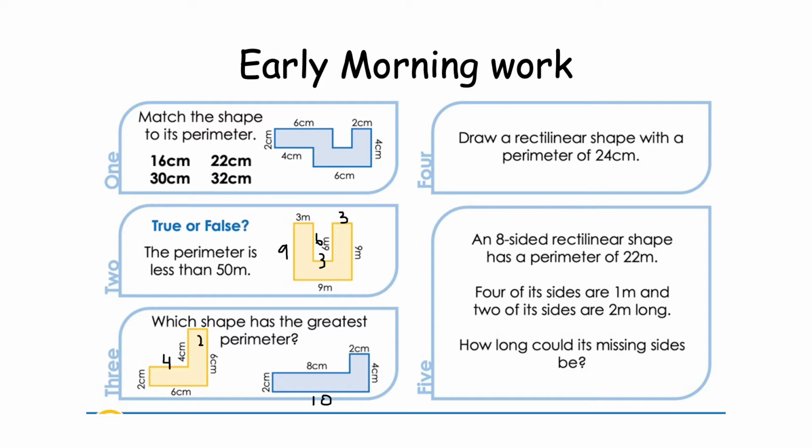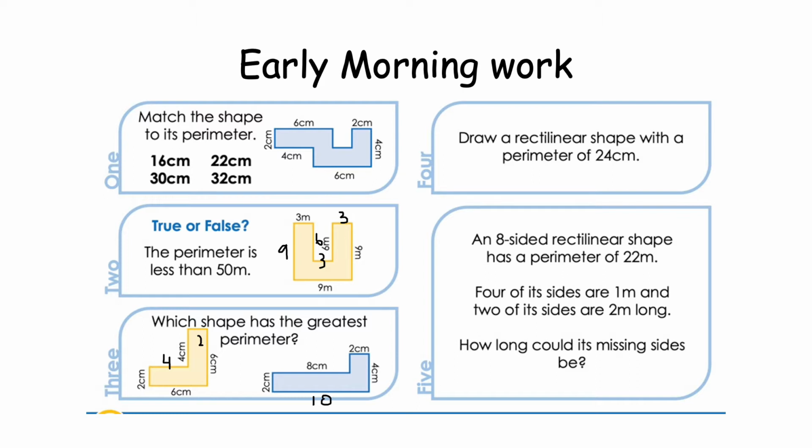And then number 5, an 8-sided rectilinear shape has a perimeter of 22 meters. 4 of its sides are 1 meter and 2 of its sides are 2 meters long. So you've got to work out how long the missing sides could be. Now pause the video and see if you can do those 5 questions for me.